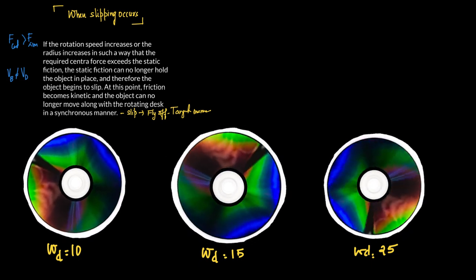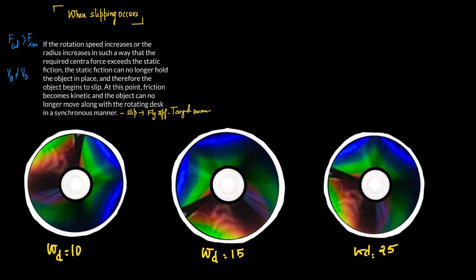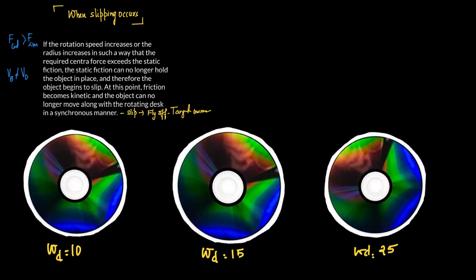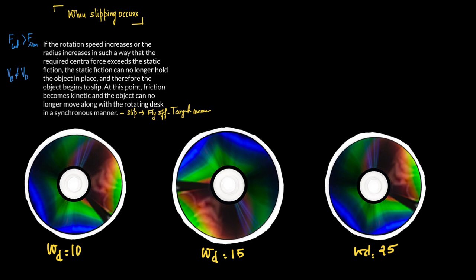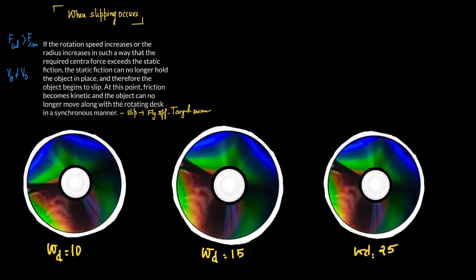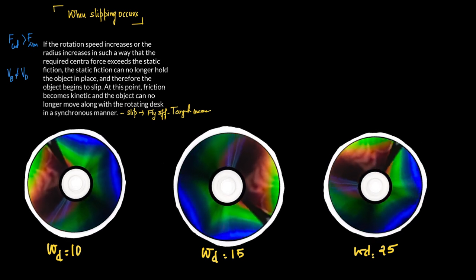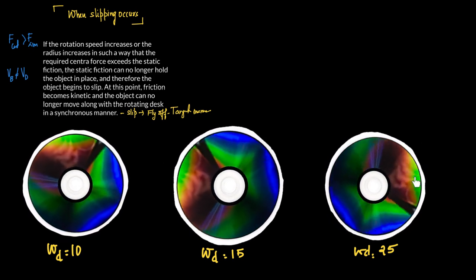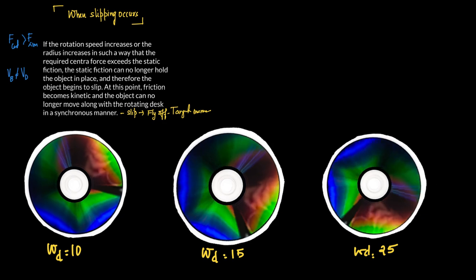So we have one disk rotating at 3 different speeds, same disk. So omega is 10 per second, 15 per second here, and 25 per second. If you pay very close attention, you can see the variation in the speed of rotation. Okay.